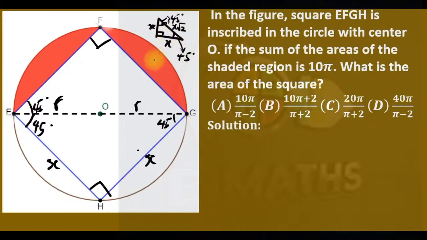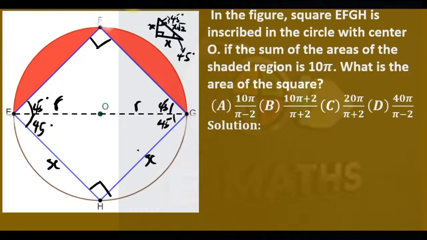So that's the first thing we'll know. Secondly, since this triangle and this triangle are the same, the area here is the same as this.